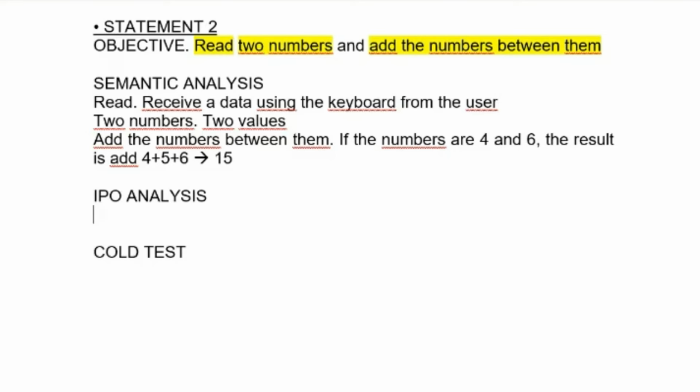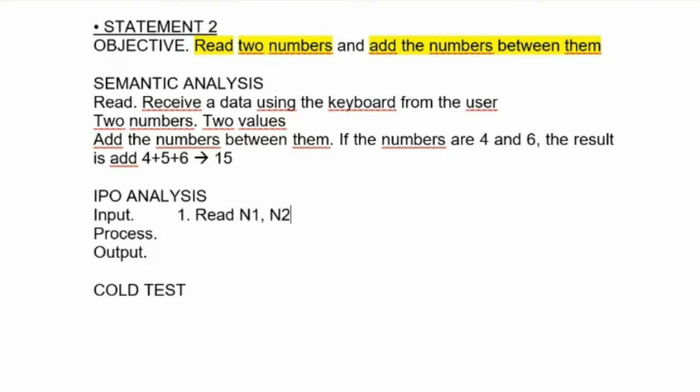Now let's see input, process, and output. Input. First step. Read two numbers. So you only read N1 and N2. The names of the variables don't matter. Process.